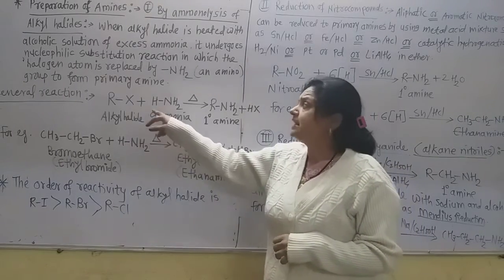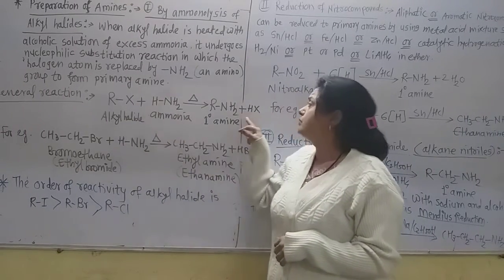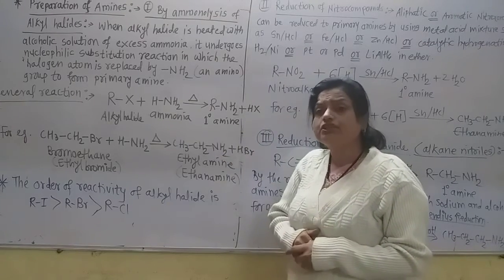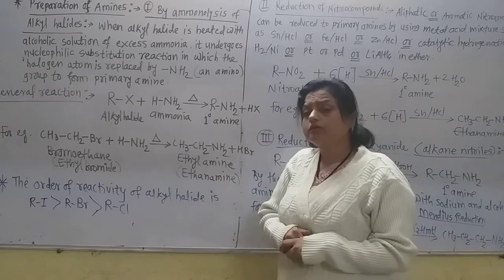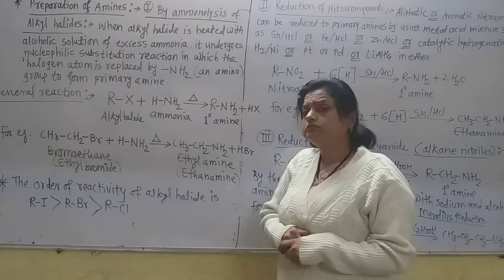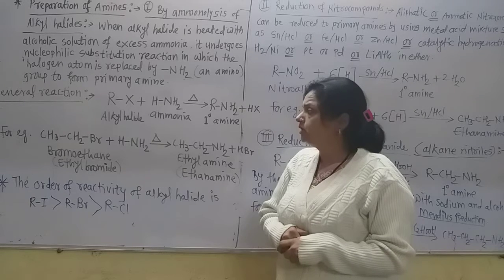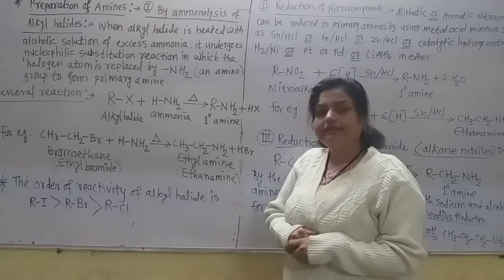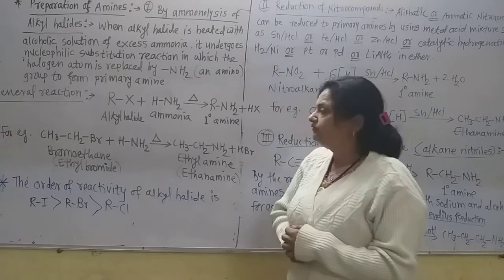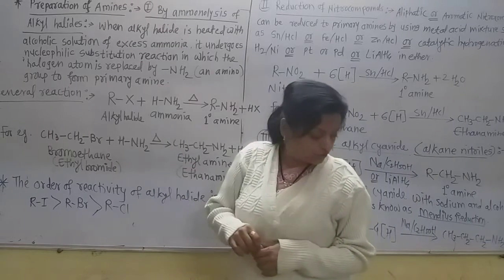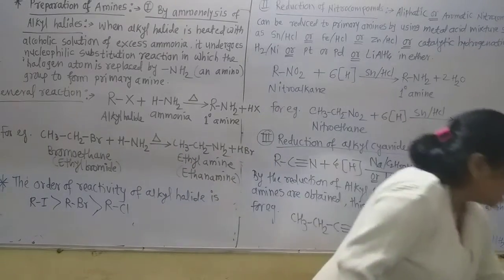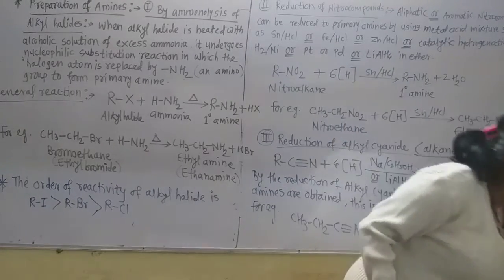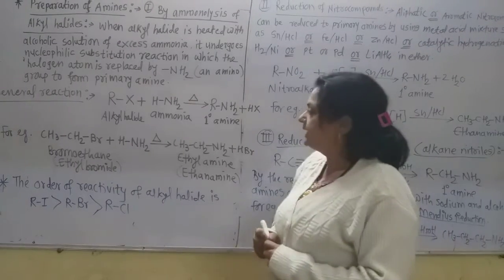That means this hydrogen and this halogen form the byproduct HCl, and primary amine is formed. For example, see, this is bromoethane or ethyl bromide. When it reacts with the alcoholic solution of ammonia, it forms ethylamine. The IUPAC name is ethanamine.